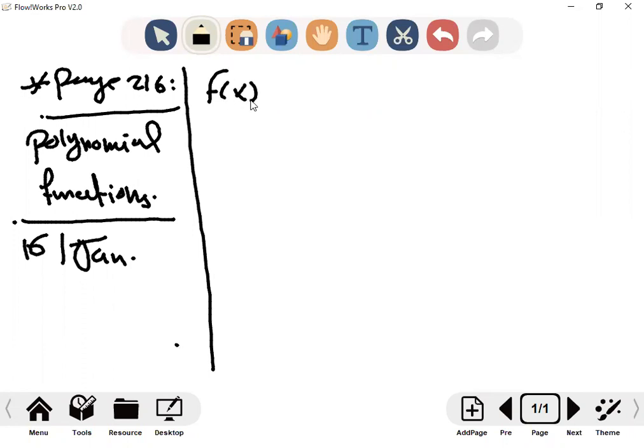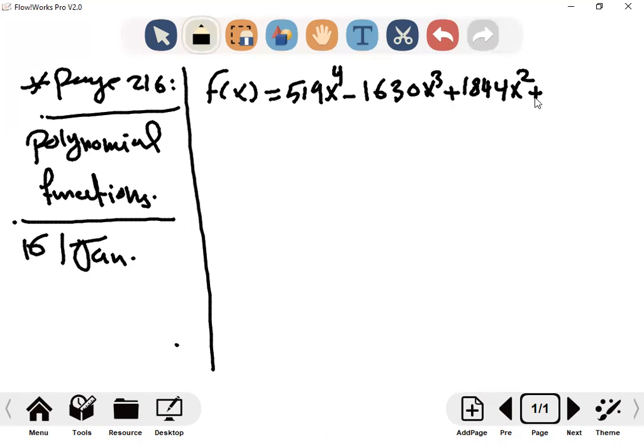F of x equals 519 x to the power of 4 minus 1630 x to the power 3 plus 1844 x to the power 2 minus 889 x plus 155, where x represents the percent as a decimal.